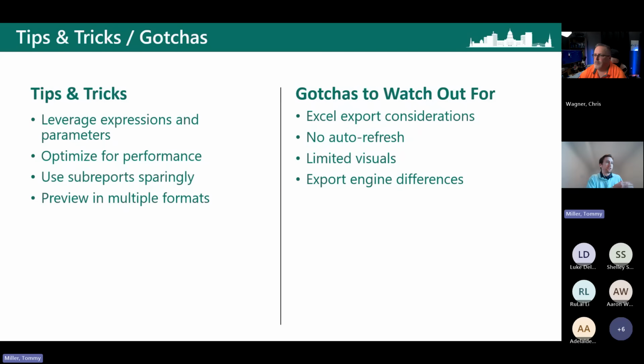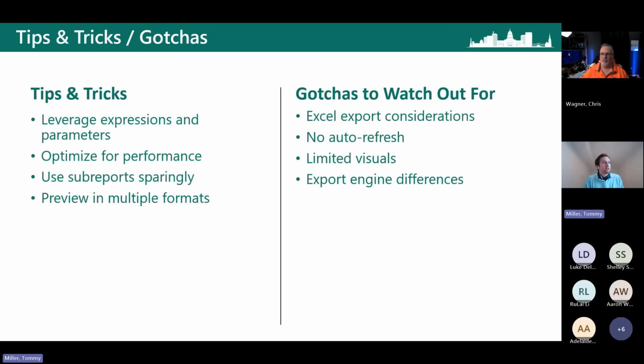Why not just move that up to your query level so you can optimize the performance? So when you click that view report button and it actually executes the query, we're only returning the data back that we need.